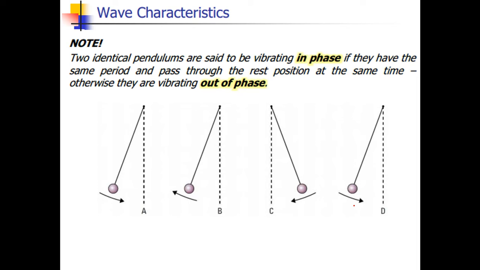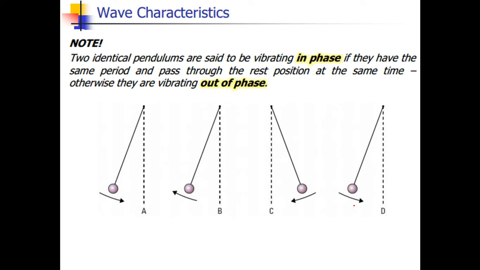Here we have 2 identical pendulums. On the left, they are said to be vibrating in phase. Okay, so this means that they have the same period and pass through the rest position at the same time.